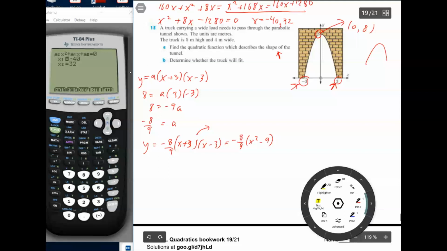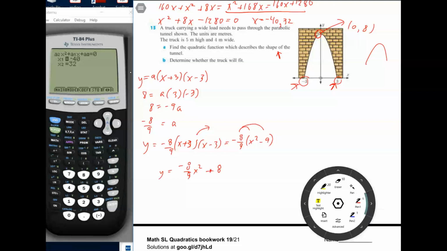A plus b times a minus b equals a squared minus b squared. Okay, now I'm going to distribute this to see if it gets any simpler. -8/9 x squared plus 8, because -8/9 times -9 is 8. Okay, so that's our y value.